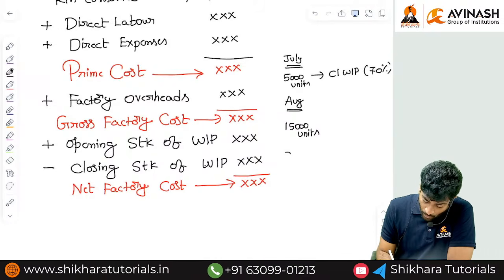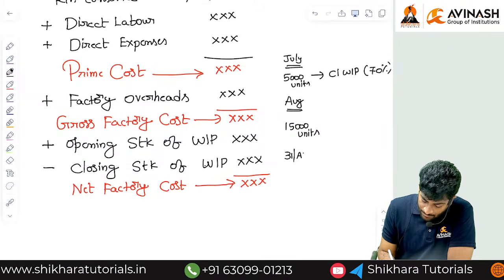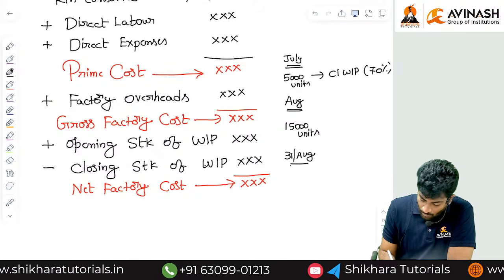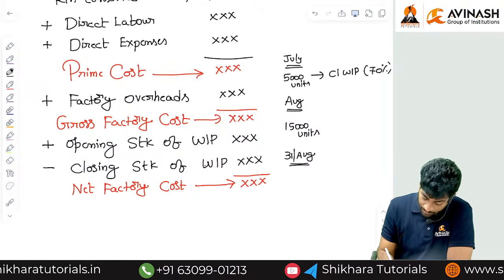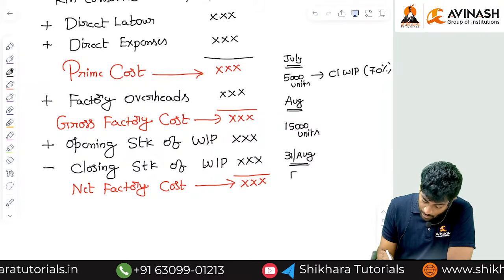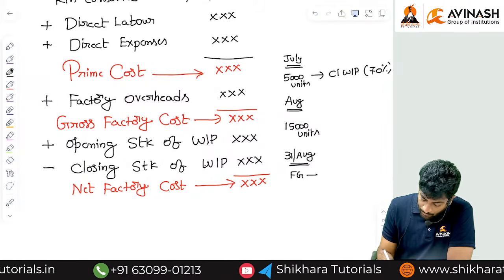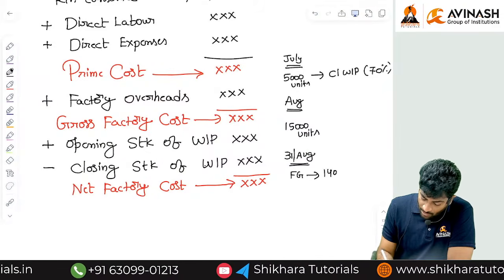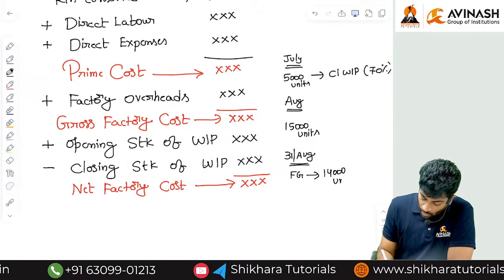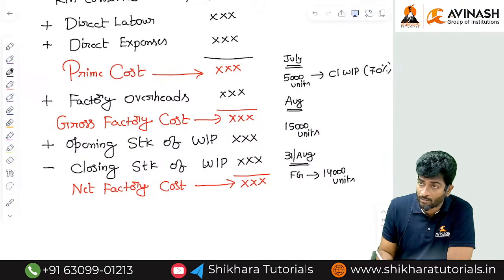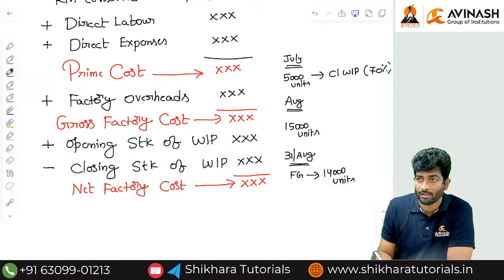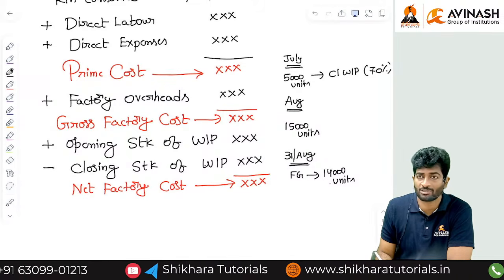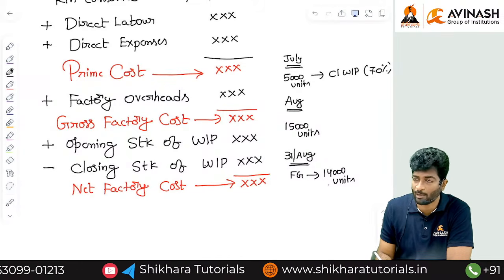Now, on 31st August, finished goods completed are 14,000 units. You know what is meant by finished goods, right? Finished goods means completed to the extent of 100% in every aspect: material 100, labor 100, overhead 100.